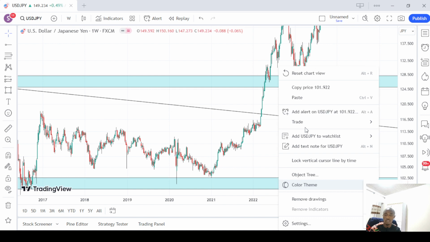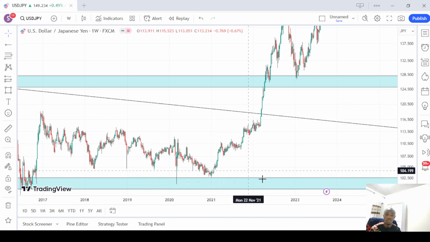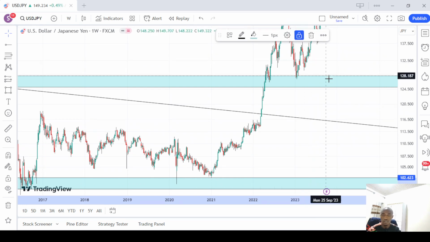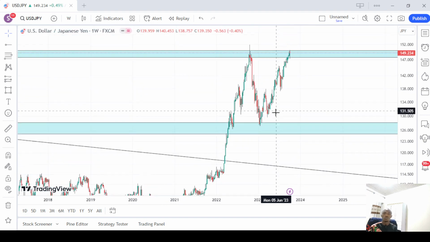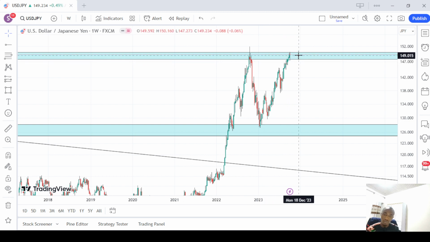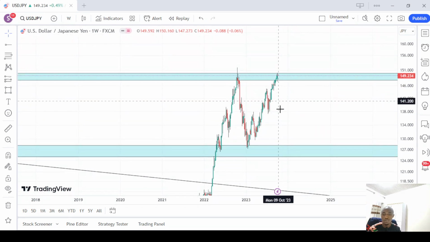And lock back. Good. The price is right here. We expect a reaction in a bearish move. Then we have a bullish continuation or a complete reversal.